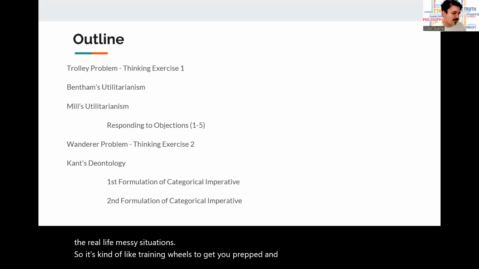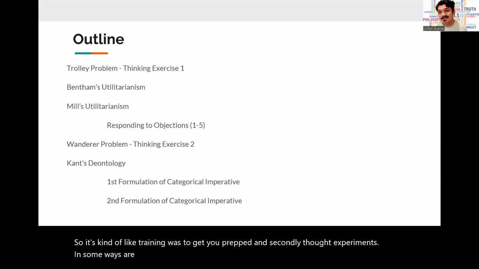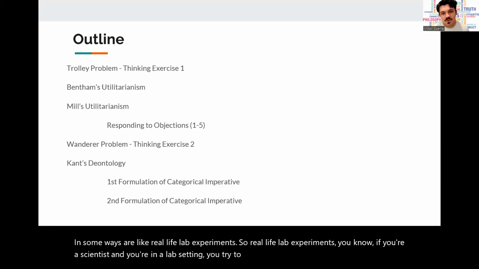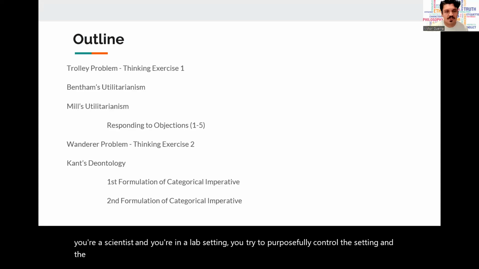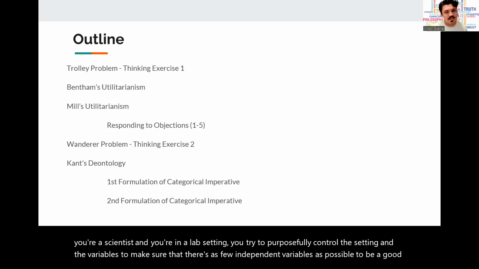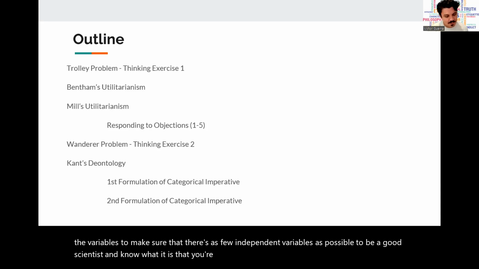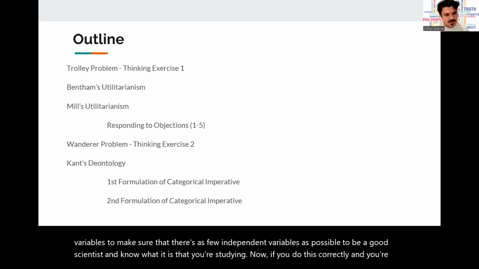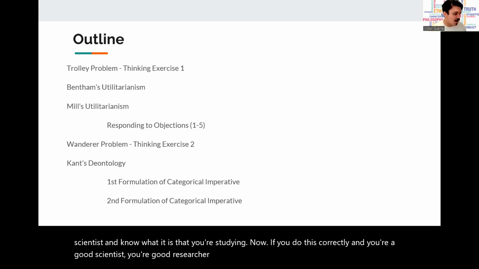Secondly, thought experiments in some ways are like real life lab experiments. If you're a scientist in a lab setting, you purposefully control the setting and the variables to make sure that there are as few independent variables as possible, to be a good scientist and know what it is that you're studying. If you do this correctly, you'll have 1 or 2 probable hypotheses and you'll choose maybe 1 or 2 of them.